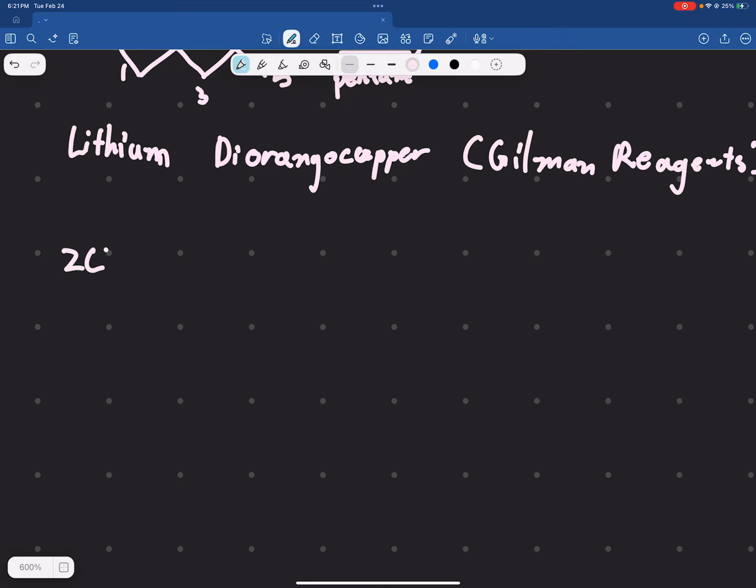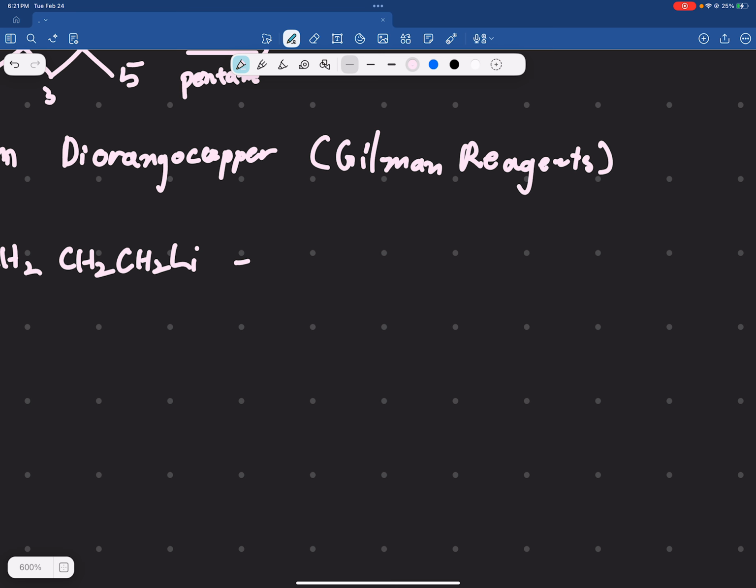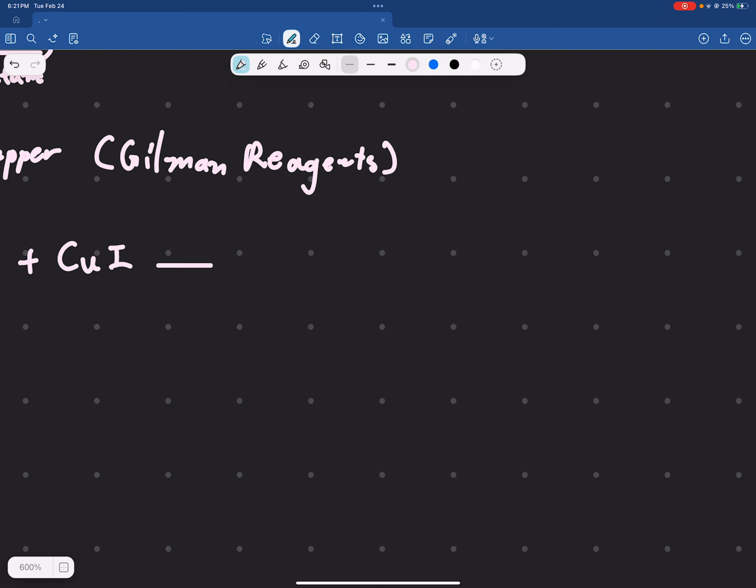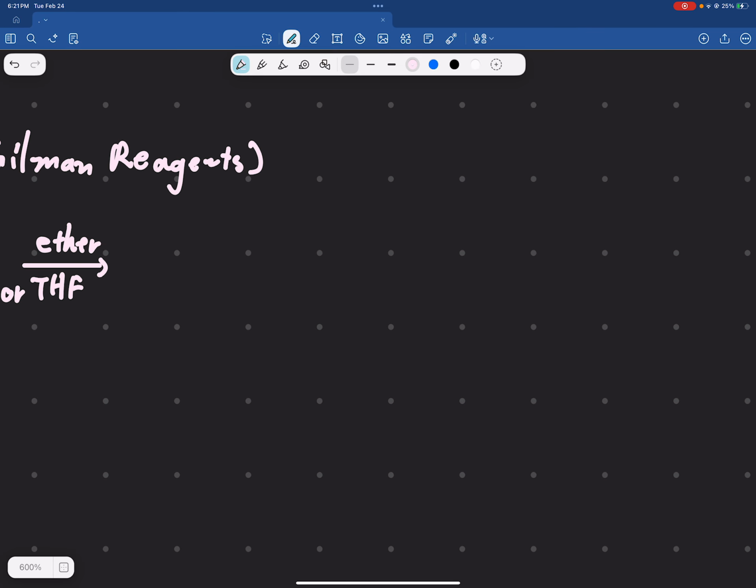So something is going to look a little something like this. If we have, say, two equivalents of butyllithium, and if we were to add that to our copper iodide in ether or THF, it's going to form our lithium diorganocopper.